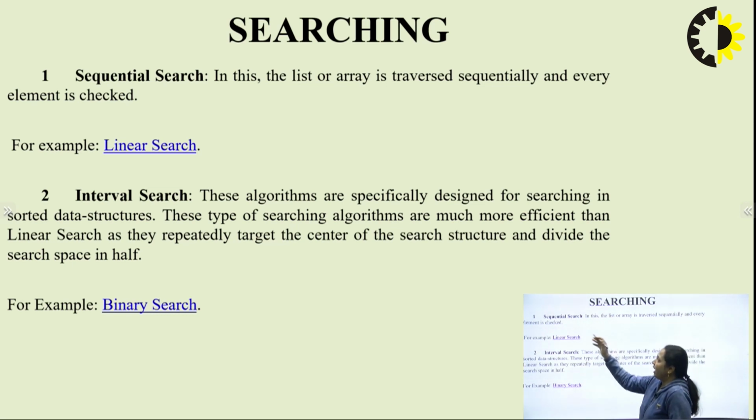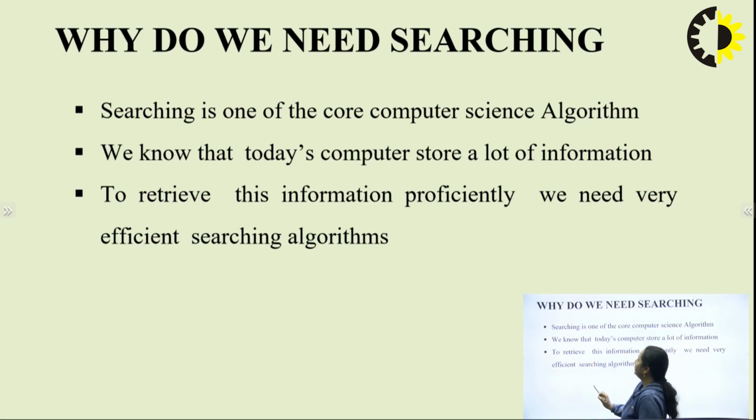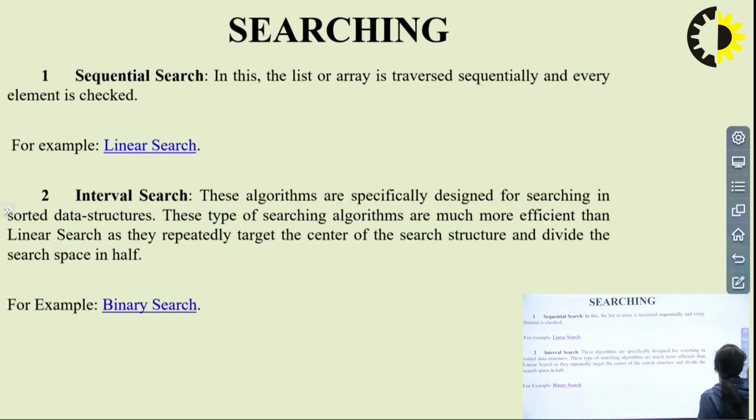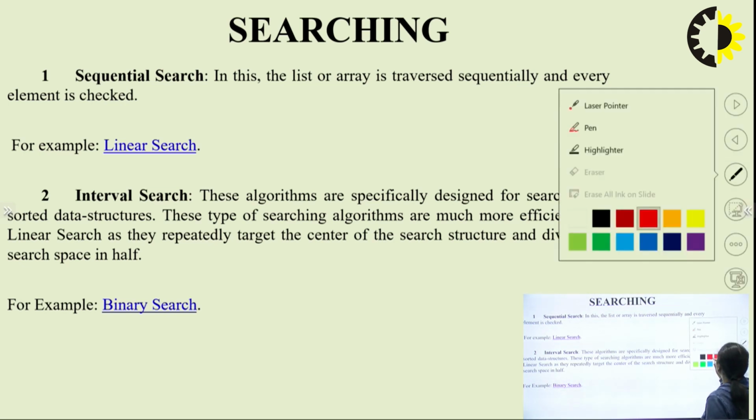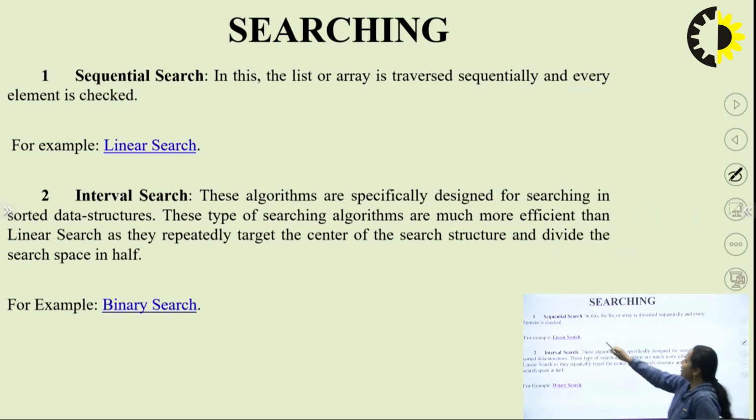Types of searching: we have two types of searching, that is sequential search and interval search. Sequential search means the elements are searched sequentially. For example, we have linear search.